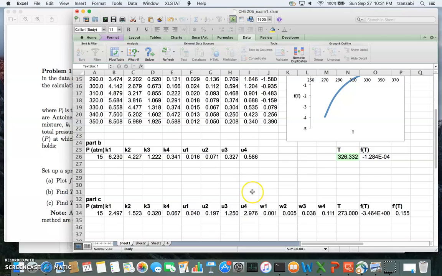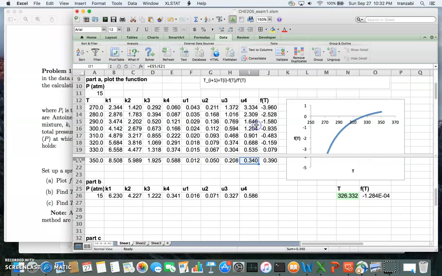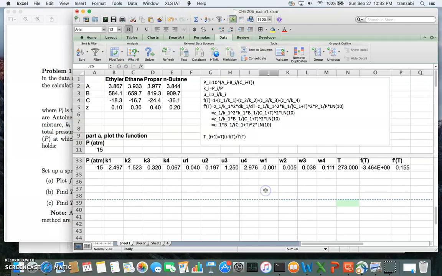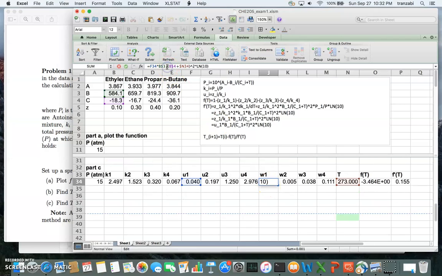Alright, so let's look at w1 one more time. I'm going to move this right to the half of the page so you can see the equation right here and my calculation here. w1 is u1 times b1, which is the green cell, divided by c1 plus temperature, here's temperature, raised to the second power, and then times log 10.